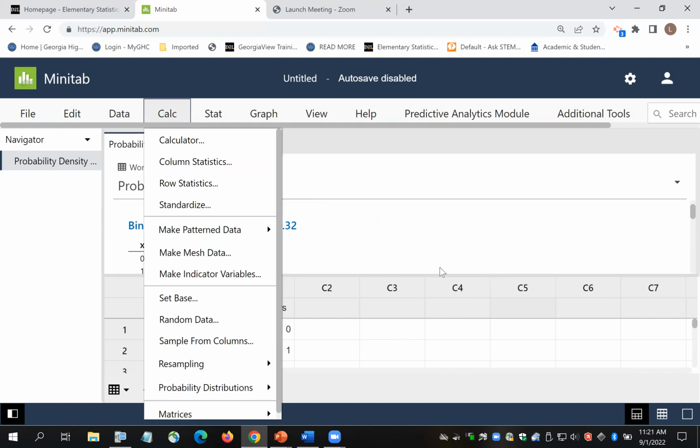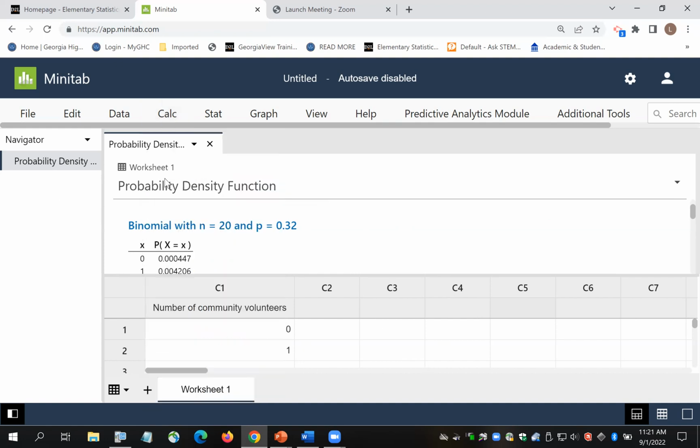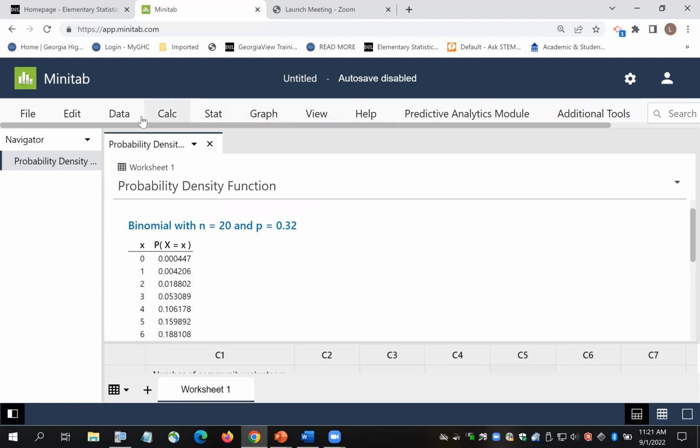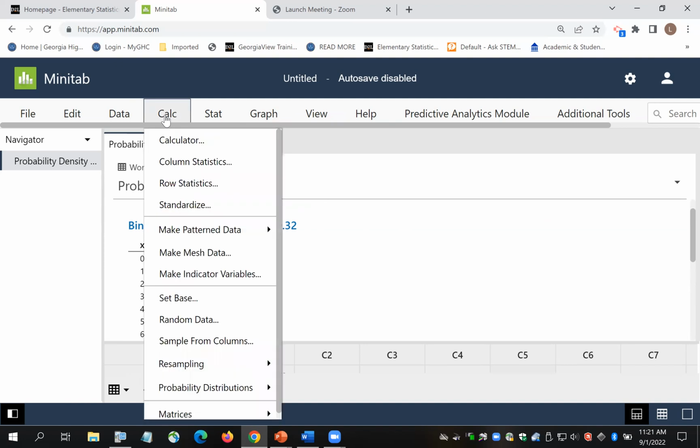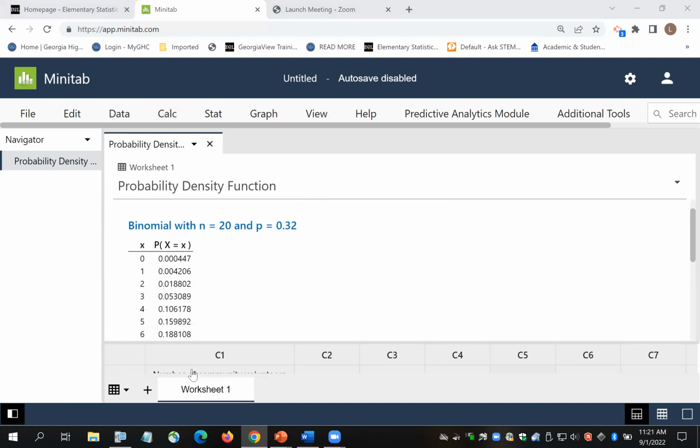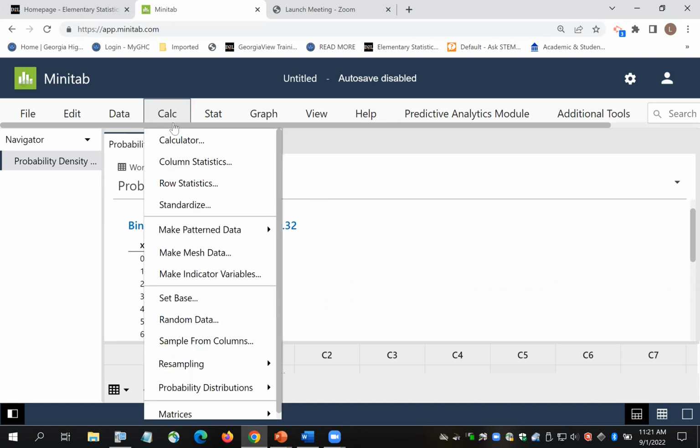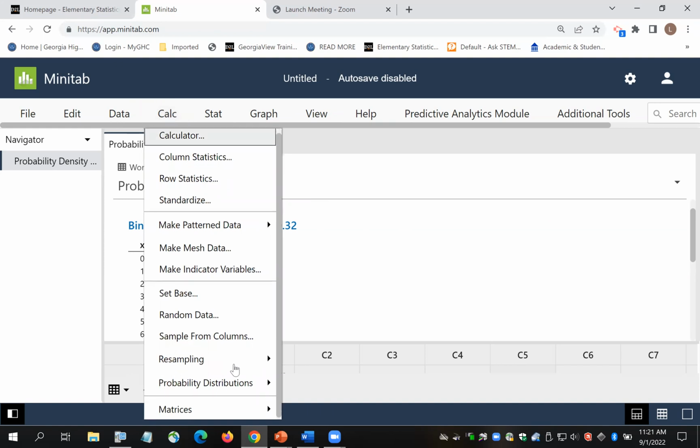And let's see if I can scroll this down somehow. I wonder if this will go away. Okay, because we want our probability distribution option. So we're going to calculate, and I think it's behind my screen. Oops, sorry. It's the probability distribution. And let's see.